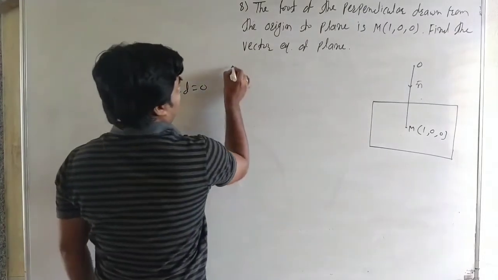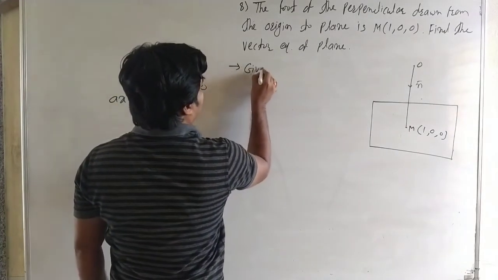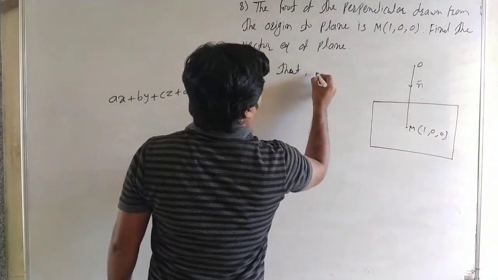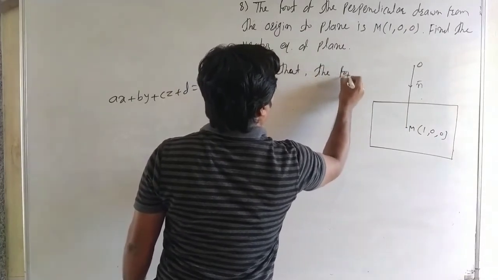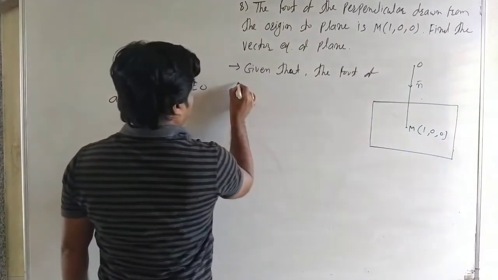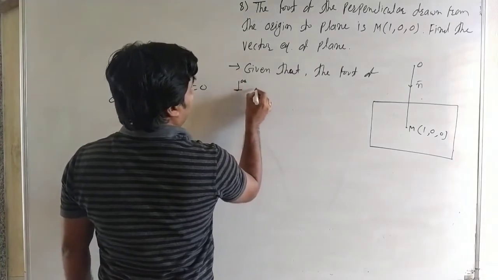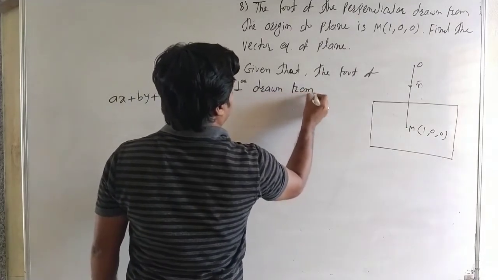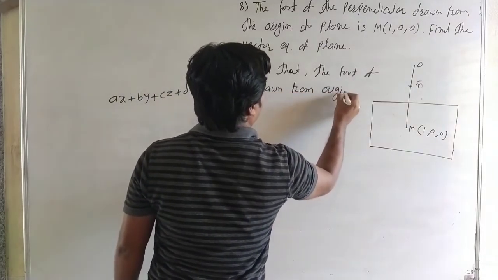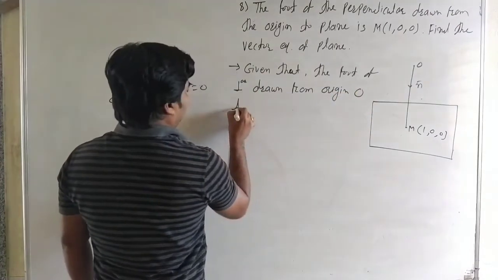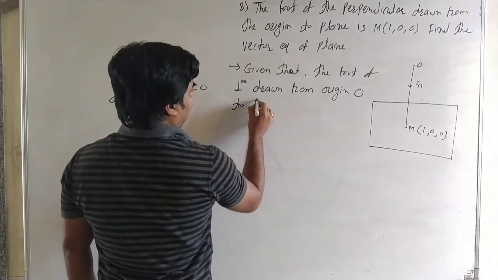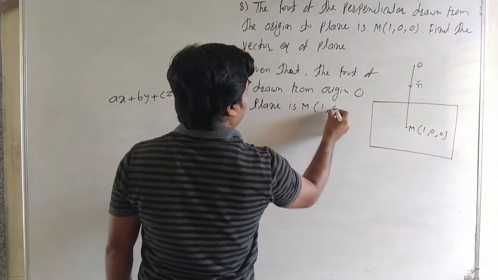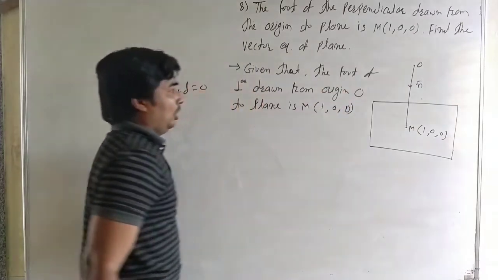Now here it is given that the foot of the perpendicular drawn from the origin O to the plane is M (1, 0, 0).